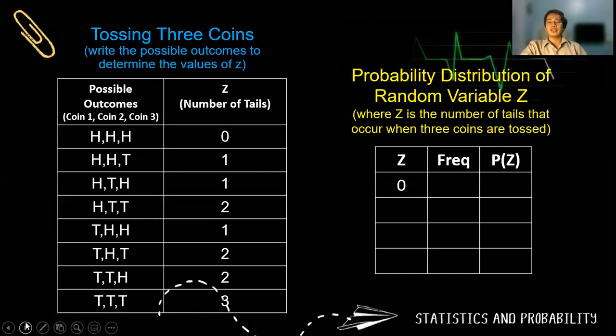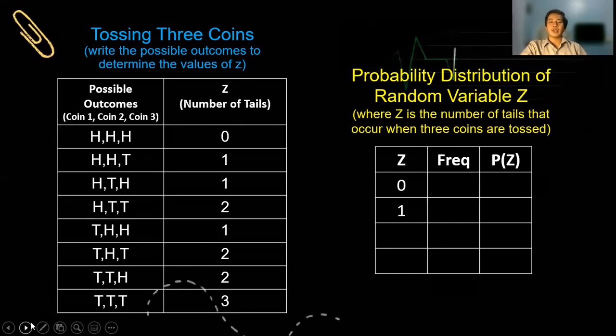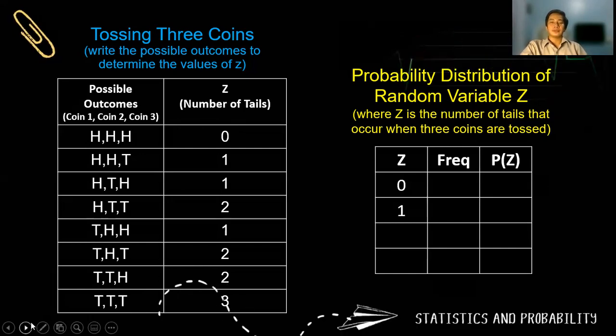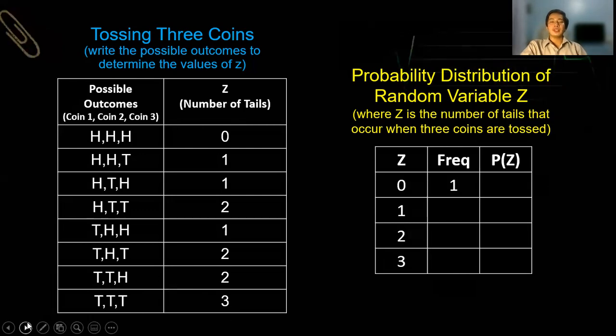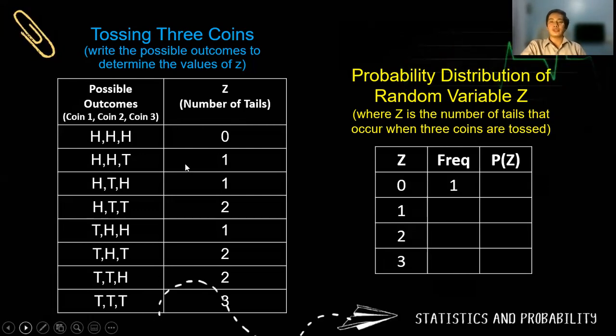Now, how many times did it appear on the possible outcomes? We have 1, 2, and 3. For the frequency, we have 1 for the value 0. What about the frequency of 1? So we have 1, 2, 3. So we have 3.